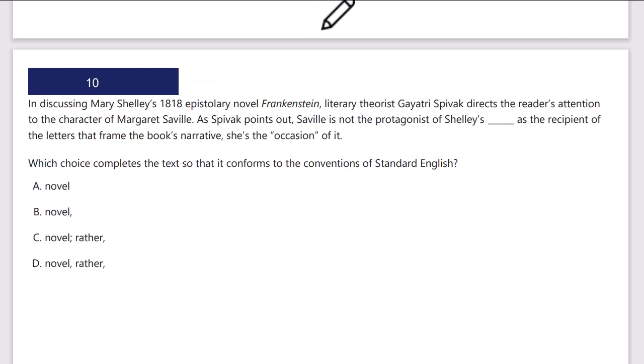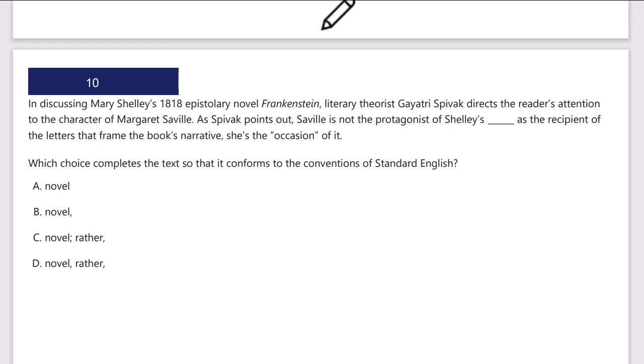In discussing Mary Shelley's 1818 epistolary novel Frankenstein, literary theorist Spivak directs the reader's attention to the character of Margaret Saville. As Spivak points out, Saville is not only the protagonist of Shelley's novel, comma or semicolon rather. Let's try the first part.